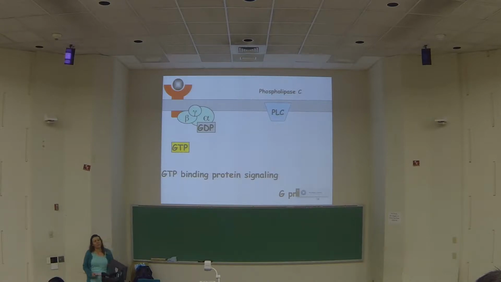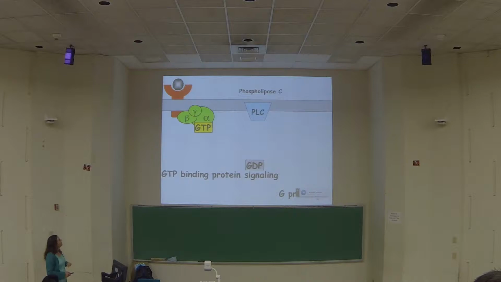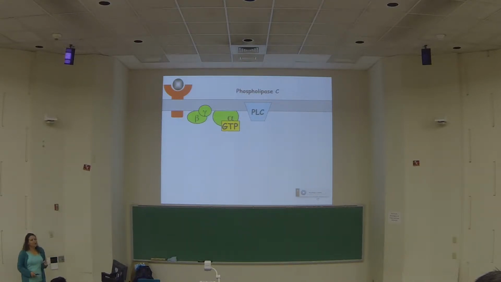That's going to promote GDP for GTP exchange in our G protein. That's going to allow the alpha subunit to dissociate from the beta gamma. That GTP alpha subunit then can interact with phospholipase C. Notice the location of all of this.